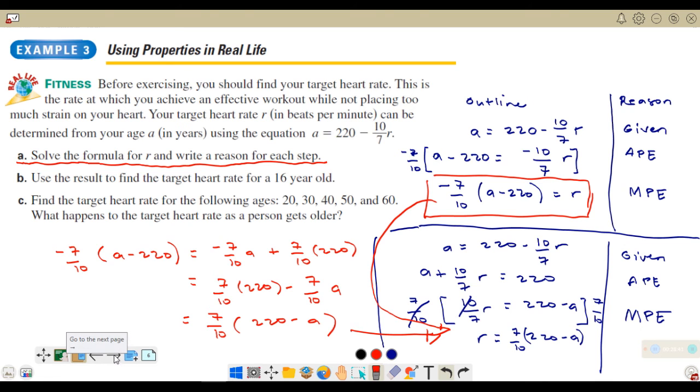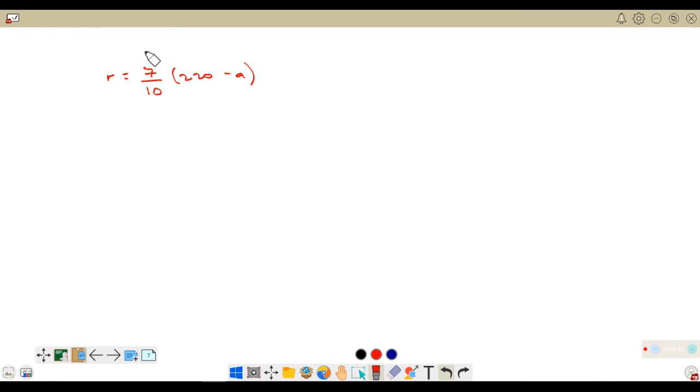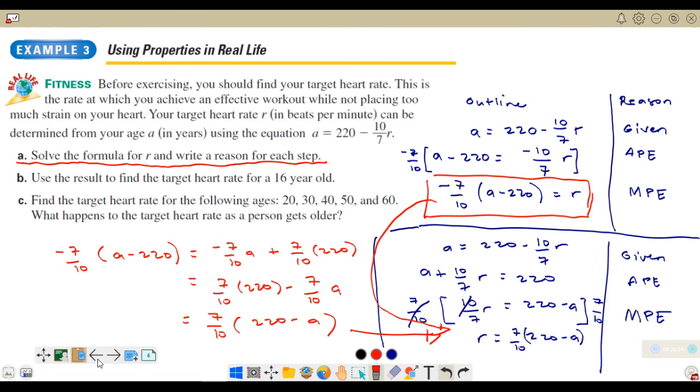Yun. So, ang A mo daw, ang age daw ng ating participant is 16. So, what is his heart rate? Ano yung R? Ano yung beats per minute?